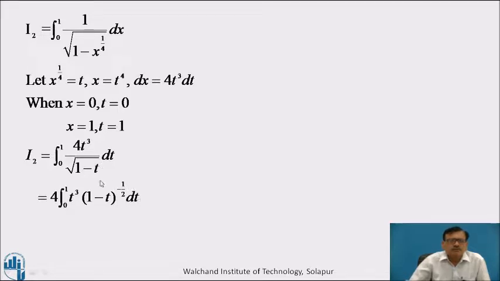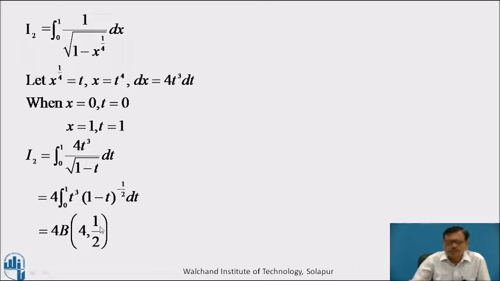Now the example is reduced in terms of beta function, and we can write 4 into, here again m minus 1 is 3, therefore m is 4, and n minus 1 is minus 1 by 2, therefore n is 1 by 2.